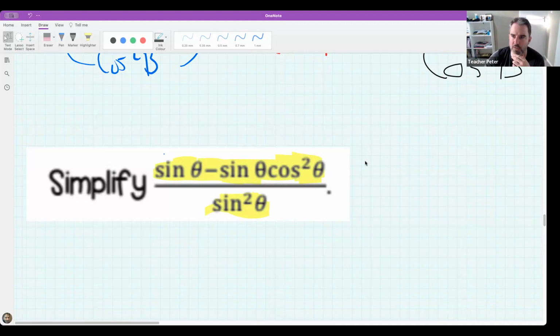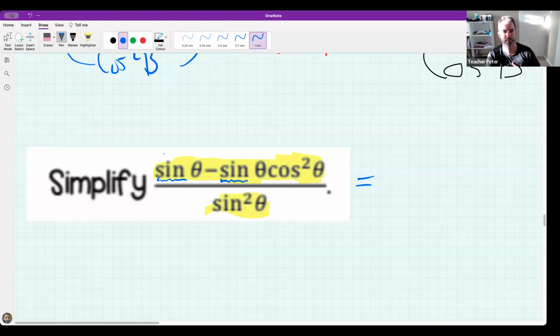I don't like the look of the top one. Can anybody suggest a technique that could maybe help us? We sort of used this earlier on. You have a sine here and a sine here, but you can't subtract them. So if you can't subtract them, what do you think, Manila? What would you do? Or maybe Peter, or Antoine? What technique did we use earlier when we couldn't subtract them, but we wanted to do something to the top? What could we do?